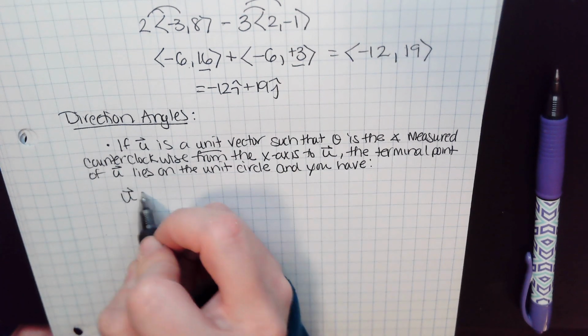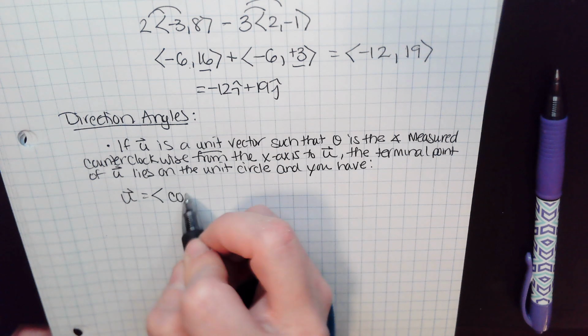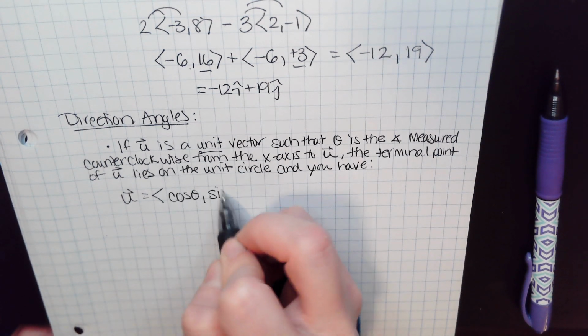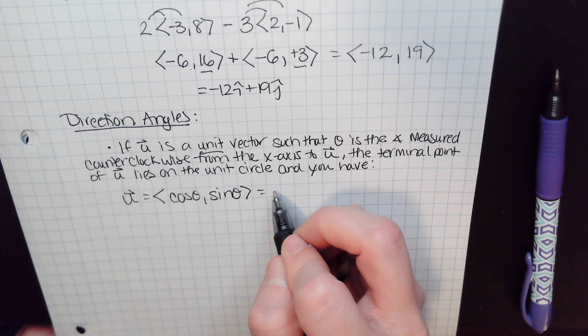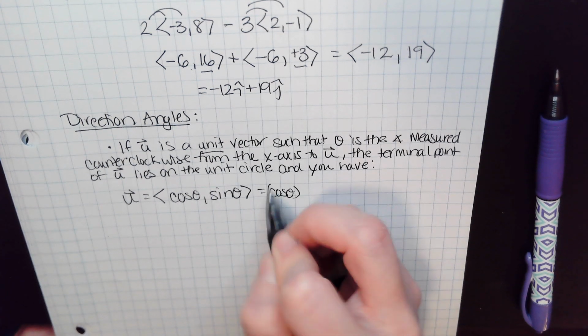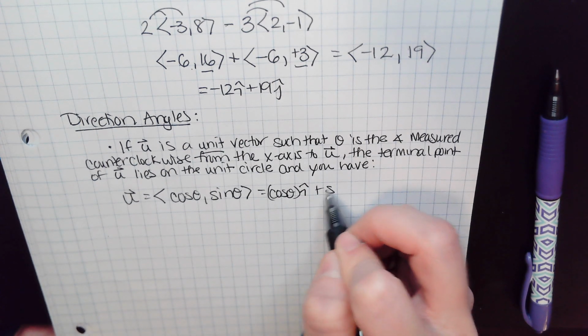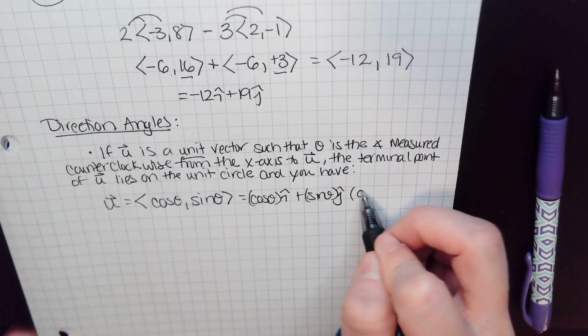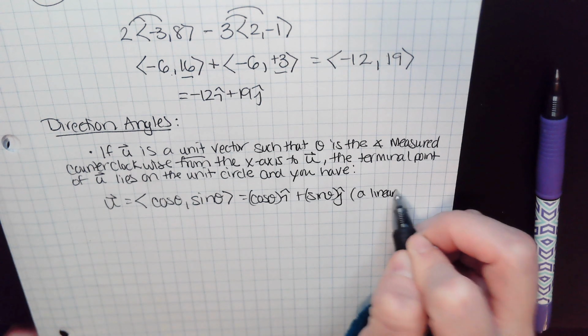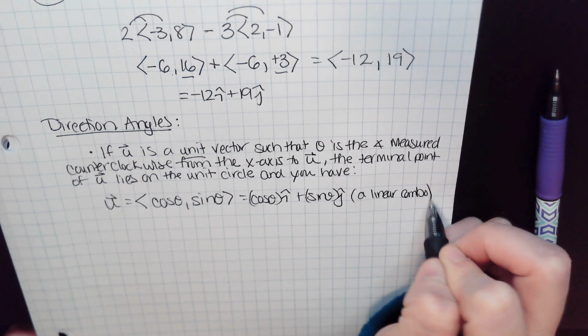and you have u, vector u, is equal to, in component form, cosine theta, sine theta, which also is a linear combination, would be cosine theta i plus sine theta j hat, and that's a linear combination.